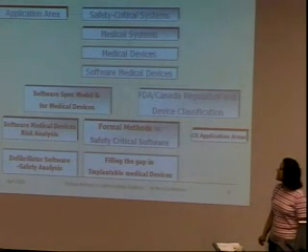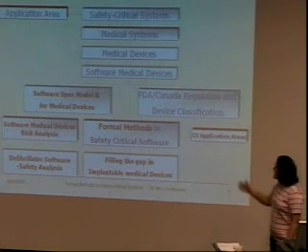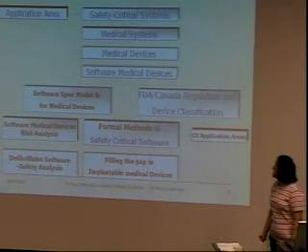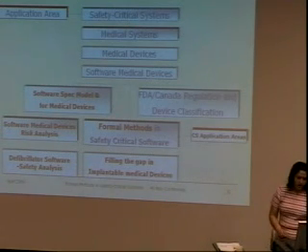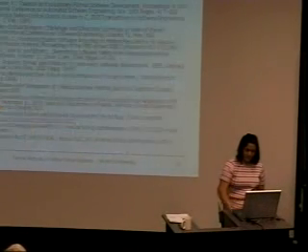I went through the specific example of defibrillator software safety analysis, and finally I covered the lack of formal methods in defibrillator software safety. And these are the references, and thank you.